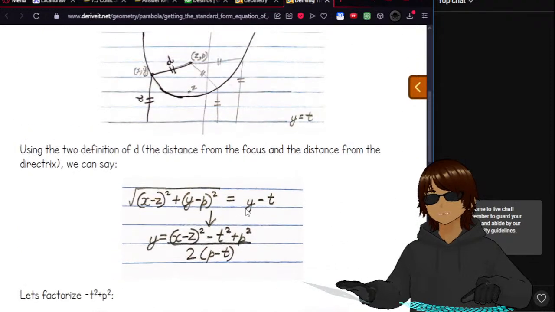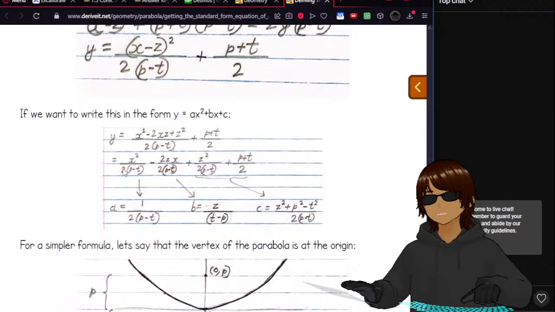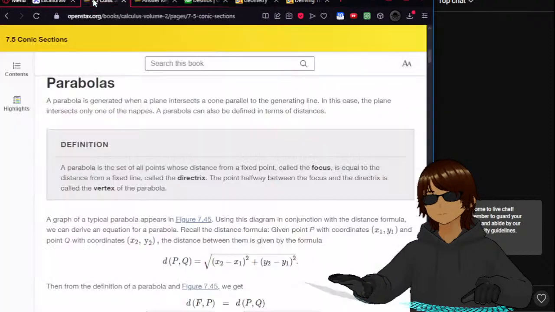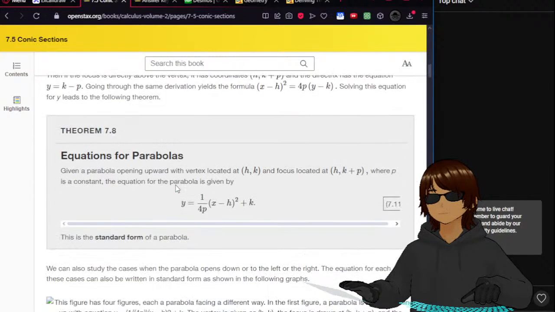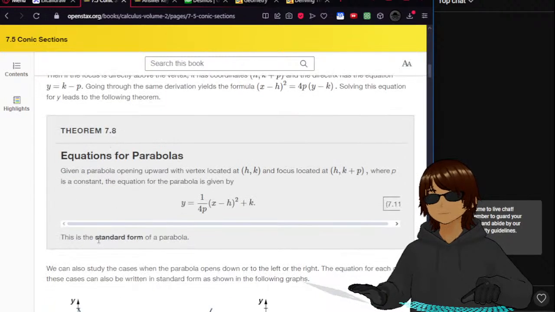Okay, so I start with this, expanded, and simplified, and I was left with this, which can be written as a x squared plus bx plus c. But they already did it here. Given a parabola opening upwards with a vertex located at h, k, and focus located at h, k plus p, where p is a constant, the equation for a parabola is given by this.